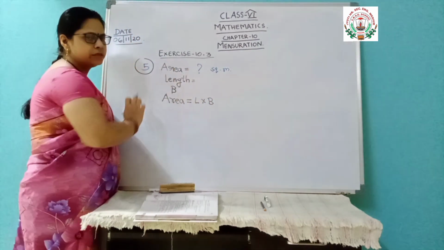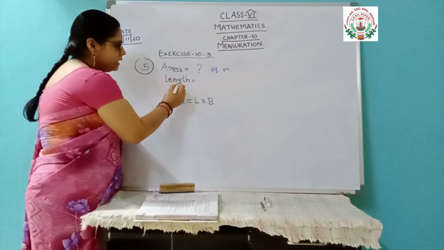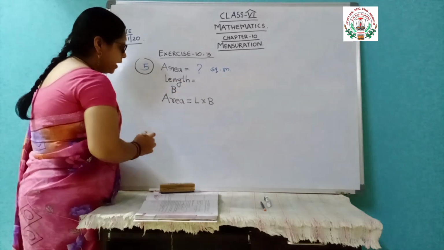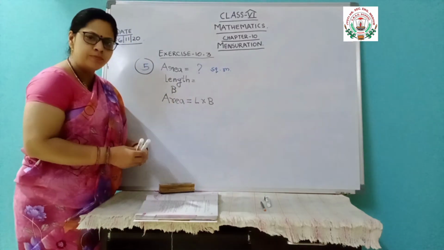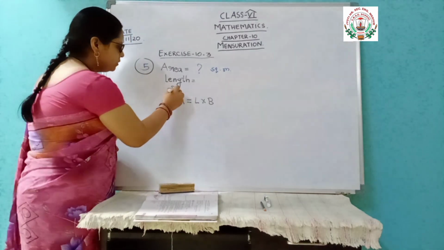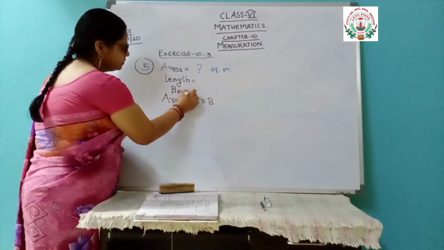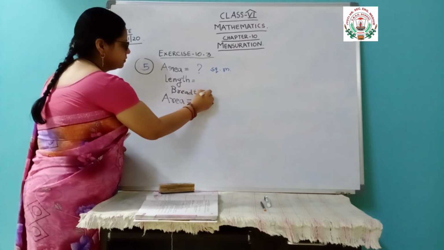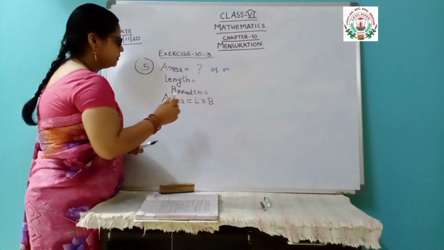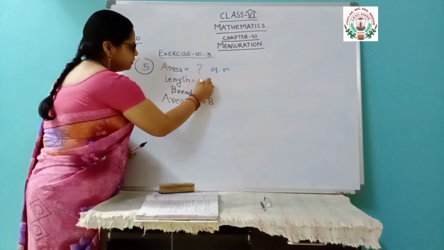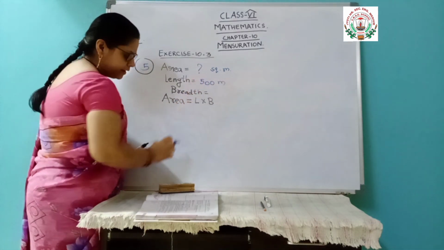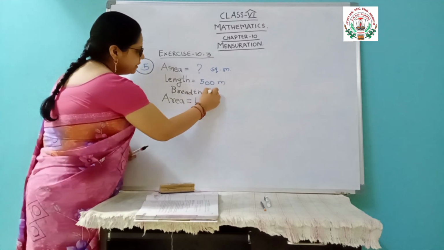Length is given and breadth is given. Wide means width, and that only is called breadth. Length is 500 meter and breadth is 200 meter.